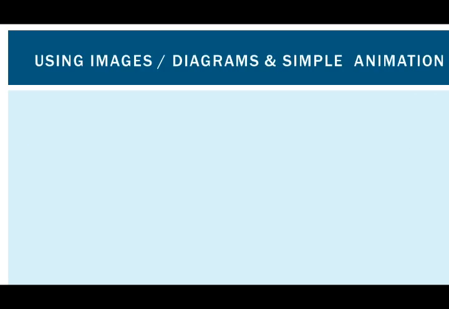Now, using images and diagrams and simple animation, we already talked about the diagrams. They work much better than just plain text, and you should include simple animation that actually helps with your explanations. You can do it in Microsoft PowerPoint. You don't really need to do something very hard with the animation.